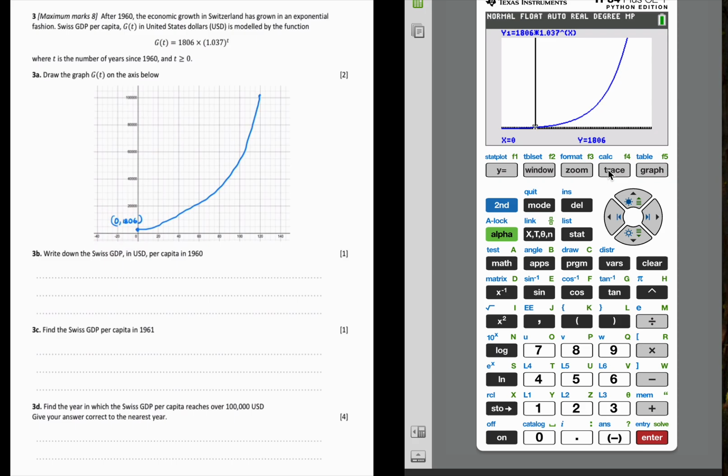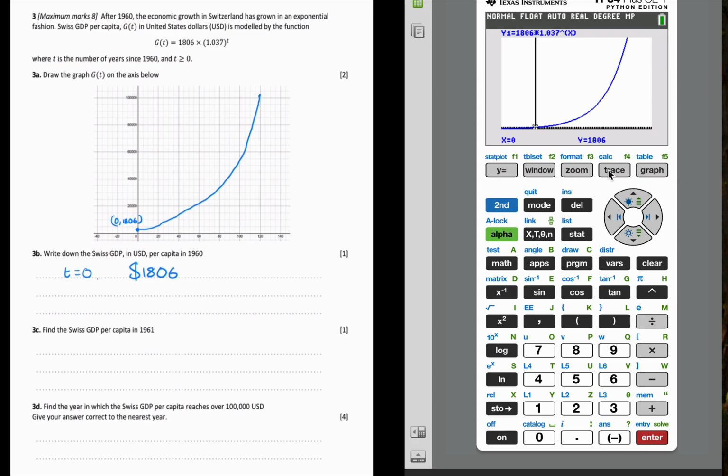Okay. And for the second part, it says to write down the GDP in 1960. So that's when it first started. We were told at the beginning of the question that it's after 1960, and that t is the number of years after 1960. So this is essentially asking for when t is equal to 0, and we actually already found that. It's our axis intercept, so it's 1,806 US dollars.